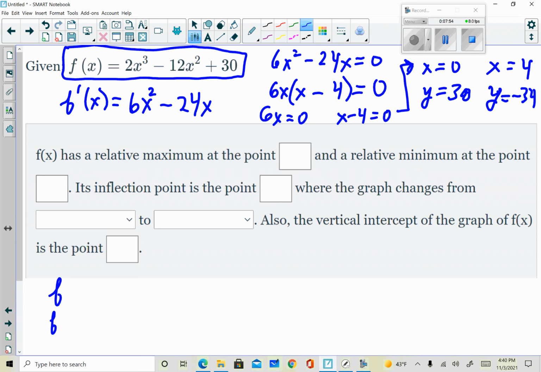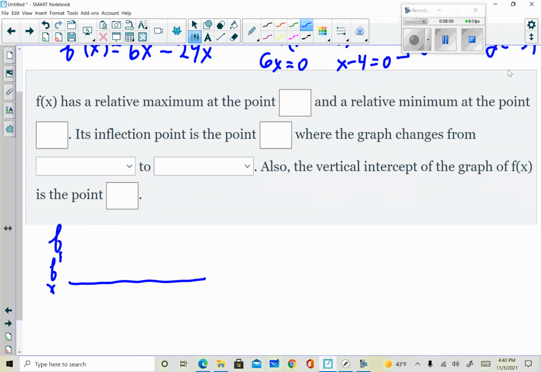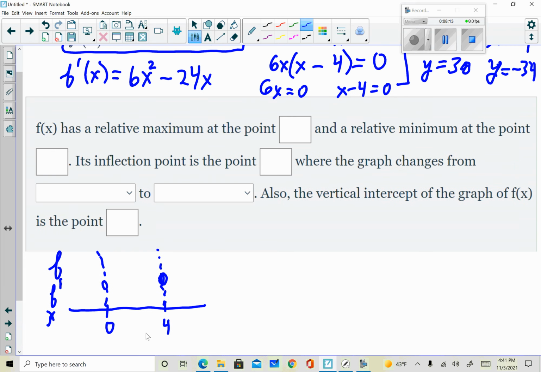Here's f, f prime, and x. The two critical numbers are x equals 0 and x equals 4. This is the x-axis: when x is 0, f prime is 0, and when x is 4, f prime is 0. A number smaller than 0, like -1, plug -1 into f prime.